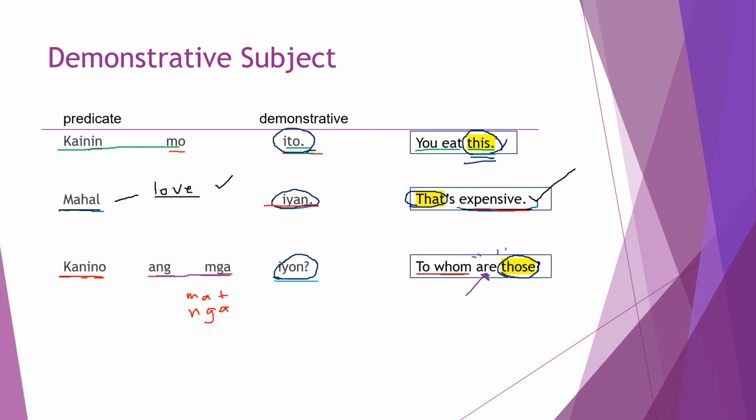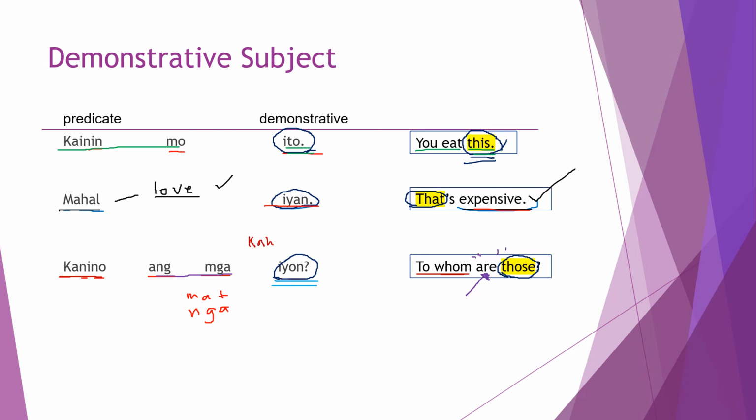Maybe she is also pointing to that particular thing, or for example, we have an umbrella or a box. So let's add those words in here. For example, kanino ang mga kahon na iyon?